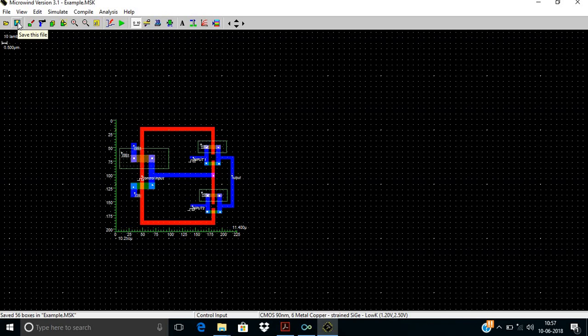In this way we have seen how to design the layout using the Microwind software, how to use the transmission gate for designing CMOS circuits, and what is the effect of transmission gates on power consumption and area of CMOS circuits. Okay, thank you.